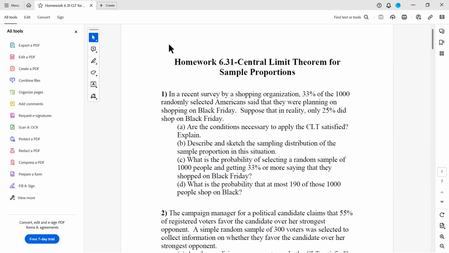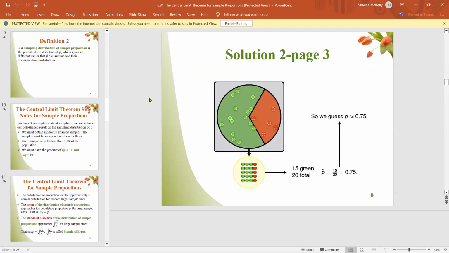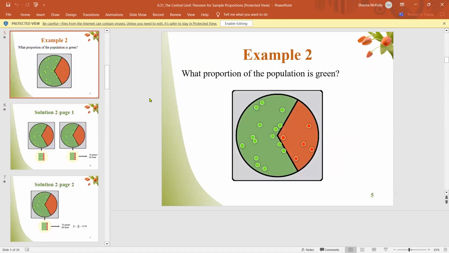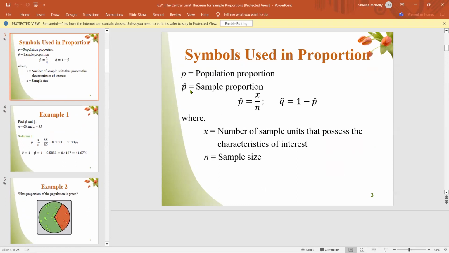Look at the slides and you see that's why she gave you this. She tells you that p hat is x over n.